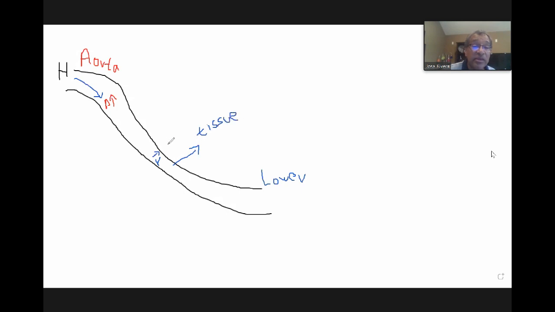The water is pushed by this pressure from the aorta. Remember, the aorta and the arteries are very elastic, with smooth muscle around them, and they can contract and stand the pressure coming out of the aorta. But that pressure is also the force that delivers some of the water into the tissues.